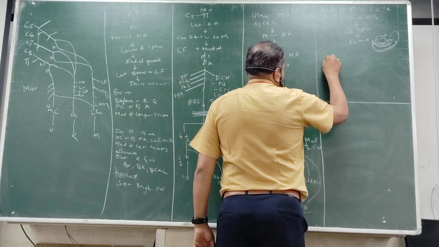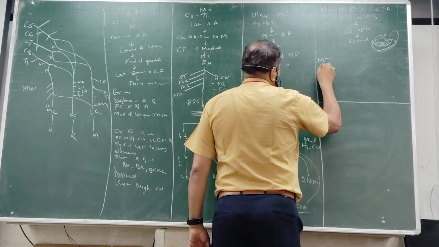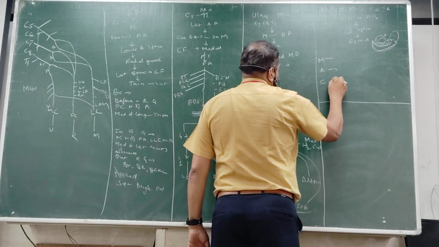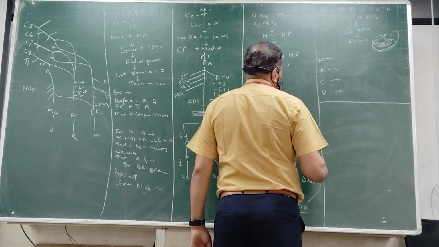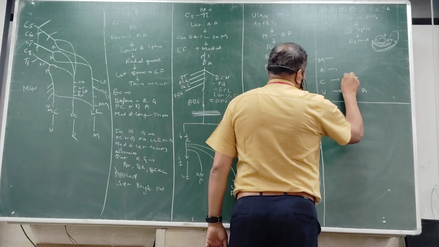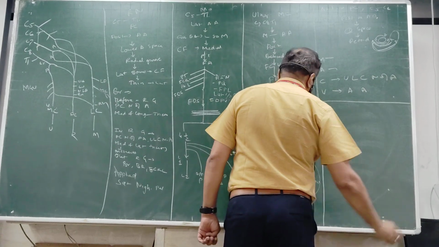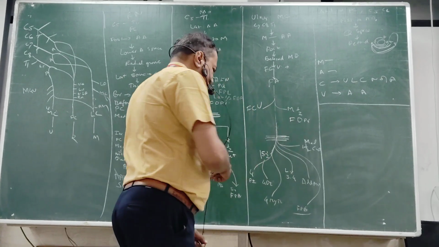So its branches are M, MAC, V. Vascular go to axillary artery. Cutaneous is upper lateral cutaneous nerve of arm. It supplies the skin over the lower half of deltoid.